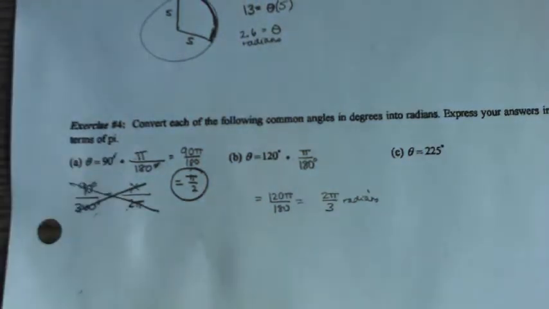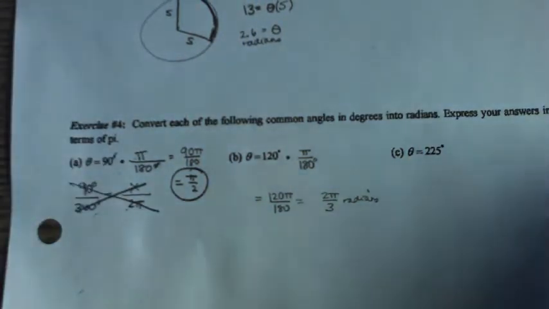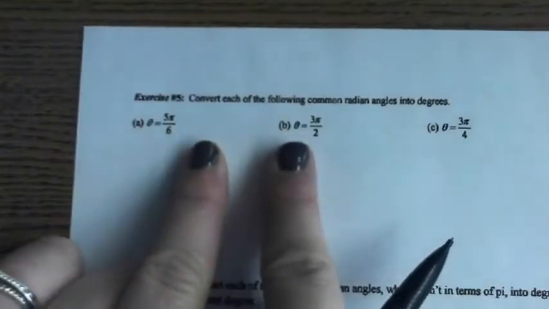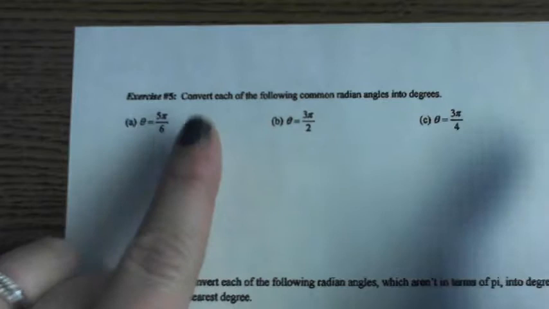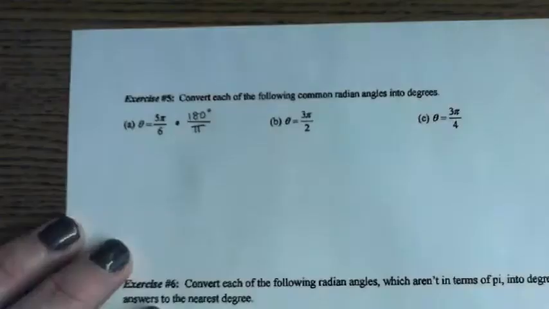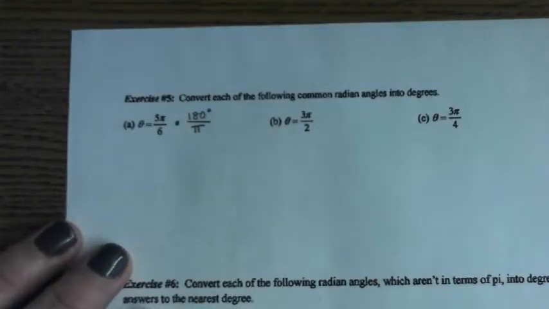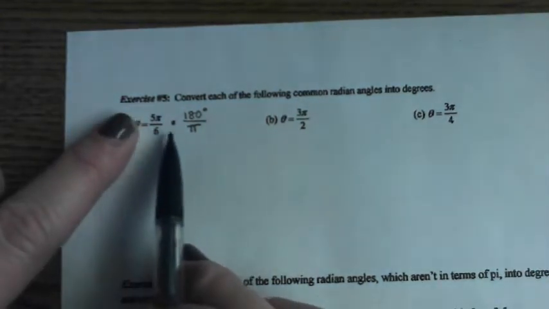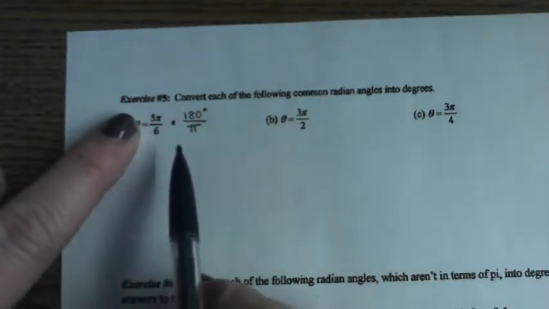So on the flip of that, if you want to go from radians back to degrees, which I think is what we'll be asked to do on the back. These are all currently in radians. We want to go back to degrees. So we're going to multiply by 1, but we're going to put the degrees on top and the pi radians on the bottom. So again, we're multiplying by something over itself. We're not changing the value, but this will change the appearance. When you do this multiplication, your pi's cancel, yes?